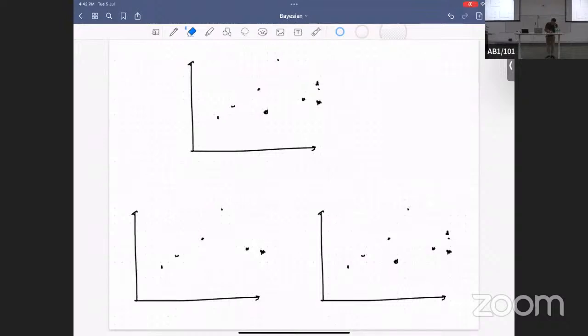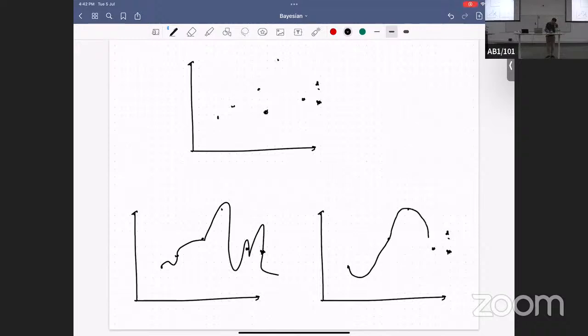In the second copy, maybe I'm removing some other points. So maybe if it's a very high degree polynomial that I'm trying to fit, on the left hand side, maybe I'll get something like this, and for the right hand side, maybe I'll get something like this. Now, with even the movement of slightly 1 or 2 points, my function is highly varying, right?